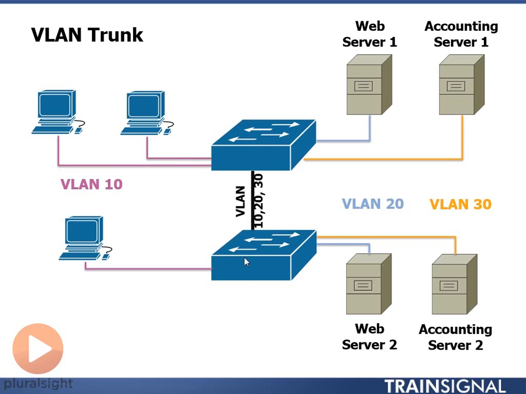Now the way this works from a functional standpoint is that when a device on VLAN 10, let's say this bottom device here, wants to send a message to this device up here on the top that's connected to our top switch, that message is going to go to the switch. When it hits that trunk port of the switch, the trunk port will add information to the frame header.